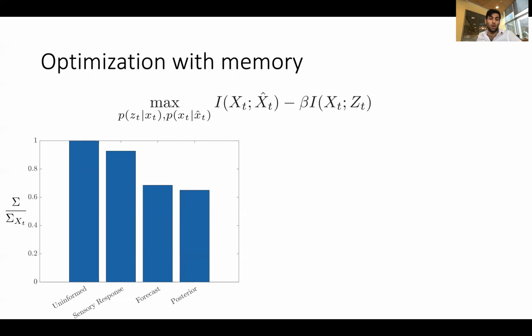Now, you might be thinking that most of that comes from the forecast uncertainty, which is based on forecasting the previous state estimate forward, being something like a 35% improvement. And you'd be right, except you have to keep in mind that the forecast uncertainty is also based on the sensory responses from the past.